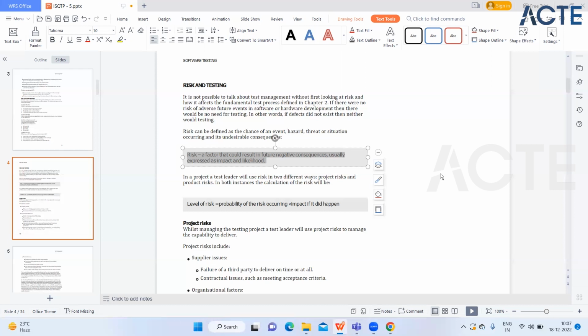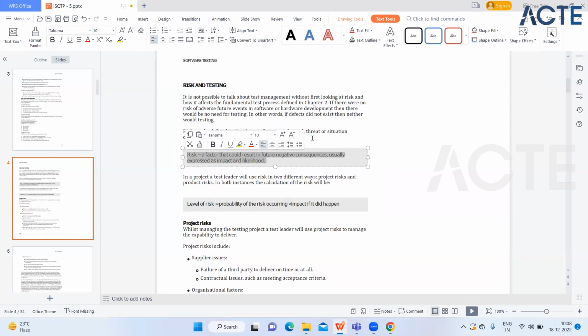And also here they are defining that risk can be defined as the chance of an event, hazard, threat, or situation occurring and its undesirable consequences. So you may get this kind of option, and you have to choose accordingly.